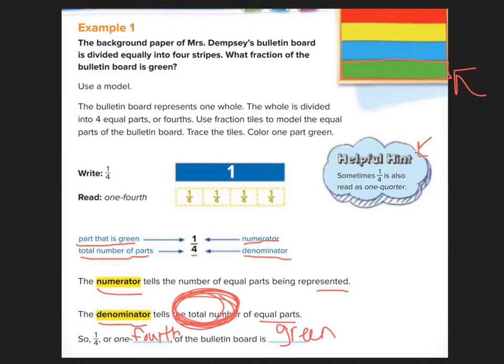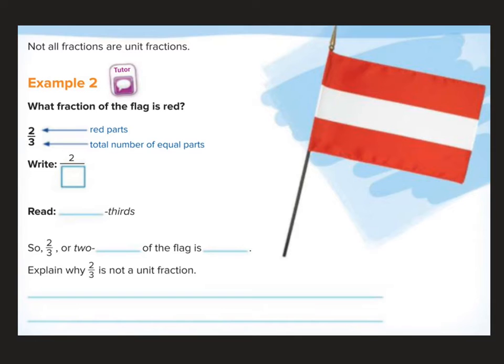Okay, let's go to another one. Not all fractions are unit fractions. So that's where we're talking about the numerator is 1. So it could be 1/2, 1/3, 1/4. They're not all unit fractions. So for example, here we have a flag where 2 parts are red and there are 3 total equal parts. Okay?